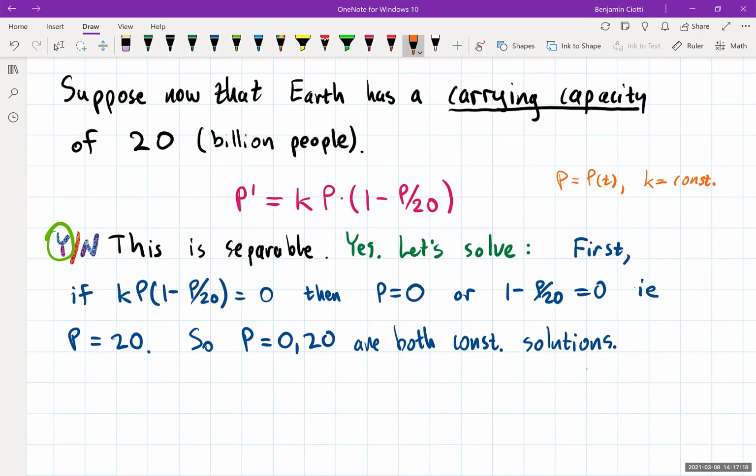Recall that if you have a constant, then the derivative is 0, so both sides of this equation are 0 for those constant solutions. So now let's assume that P is not 0 or 20.